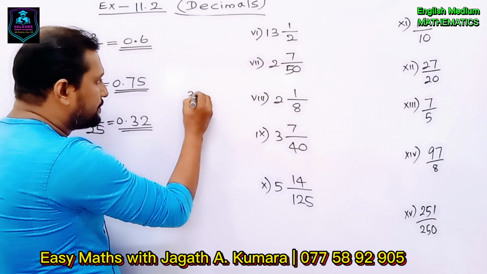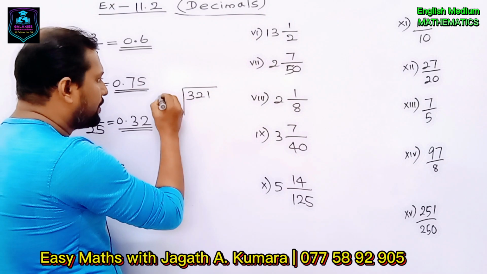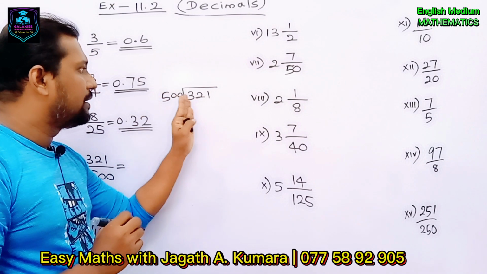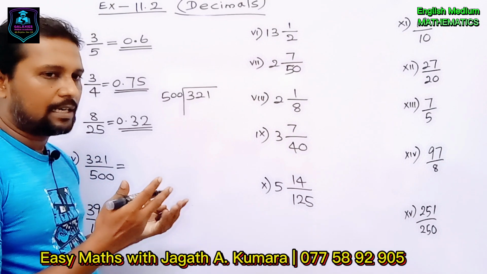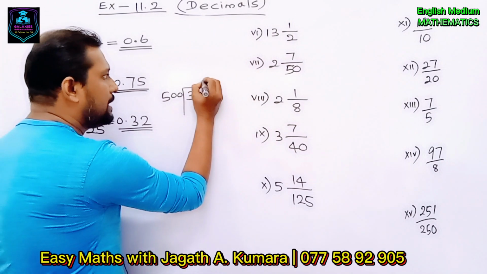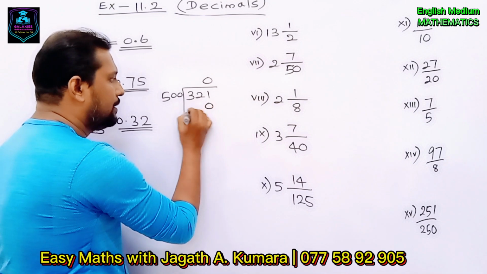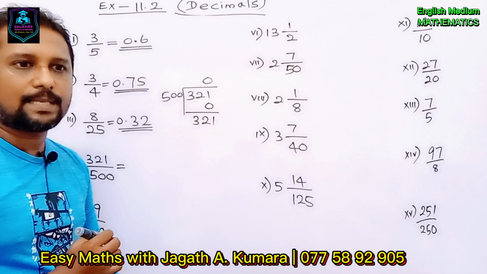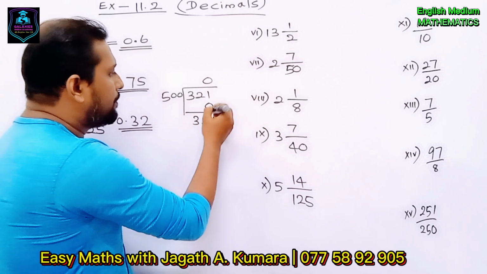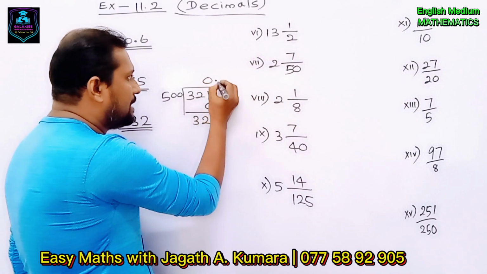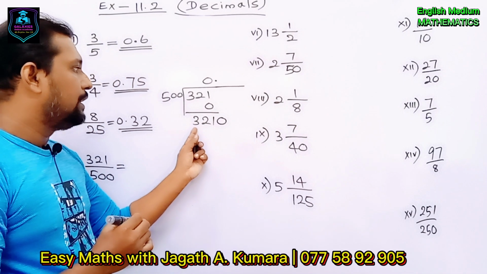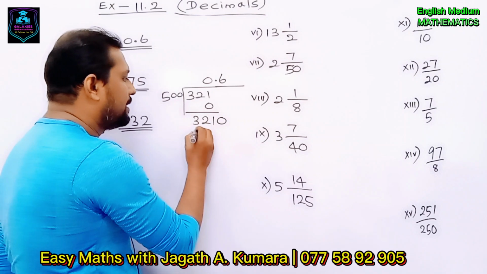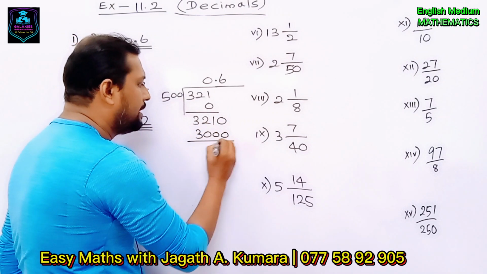321 divided by 500. Now look at how many 500s for 321. There are no 500s, so 0. 0 times 500, 0. So subtract these two. The remaining value is 321. Then you can put 0 here, then keep the decimal point. 3210. How many 500s? 6. 6 times 500, 3000. Remaining 210.